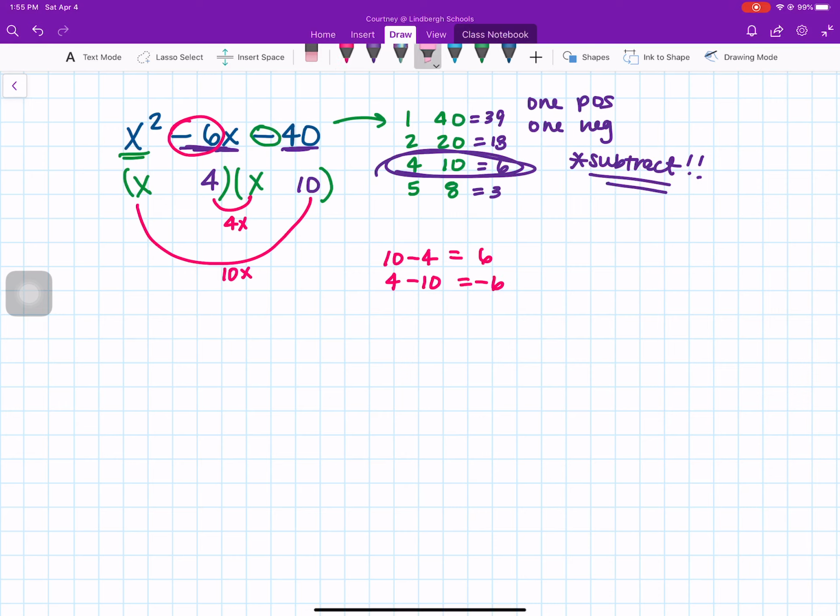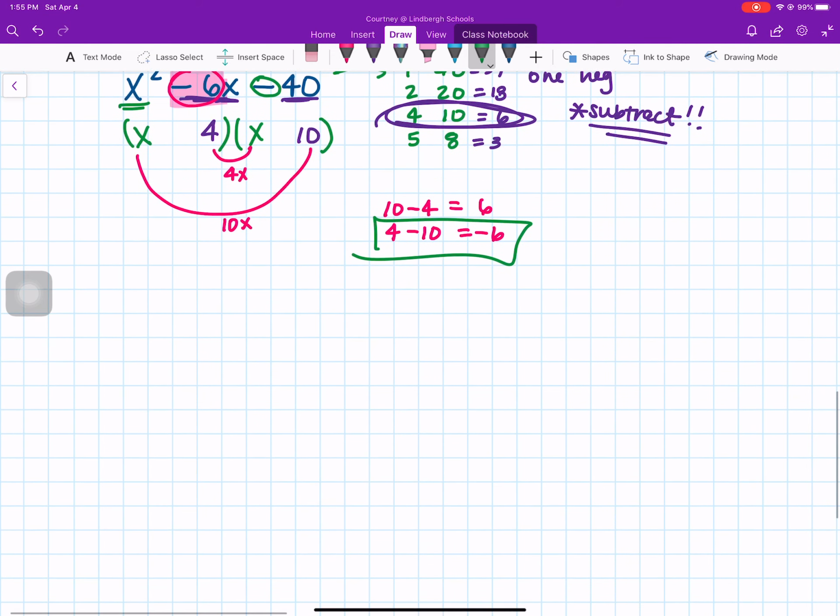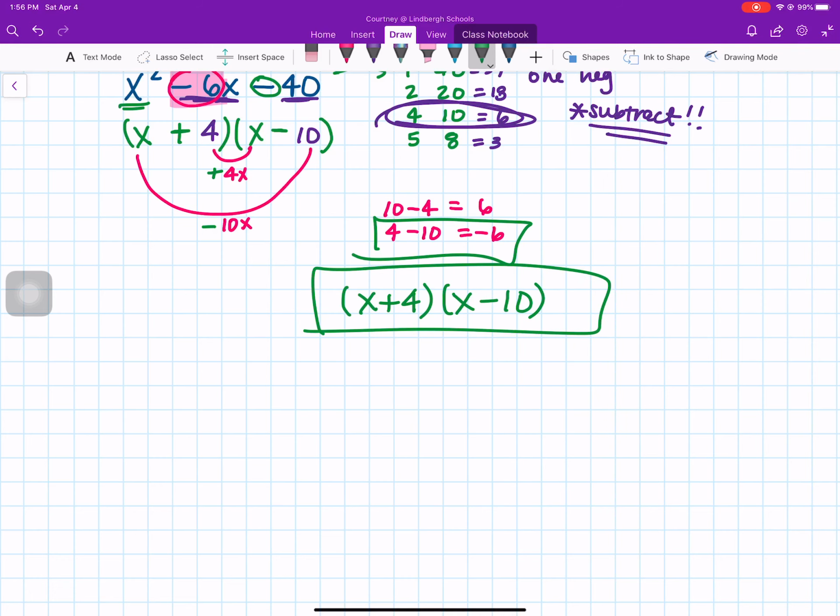Since I'm going for negative 6, I want to have a positive 4 and a negative 10. The positive came from the inside. The negative came from the outside. So my answer is (x + 4)(x - 10). Good luck.